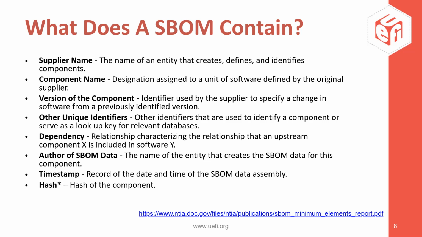A dependency is a relationship with an upstream component, like component X is included in software Y. So for example, if your driver links against OpenSSL, you might want to have a dependency from my driver on OpenSSL.